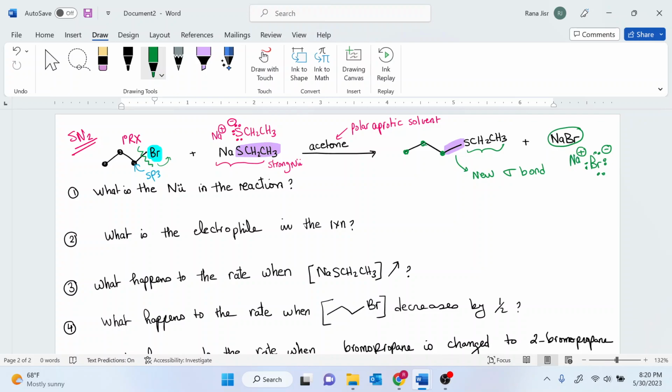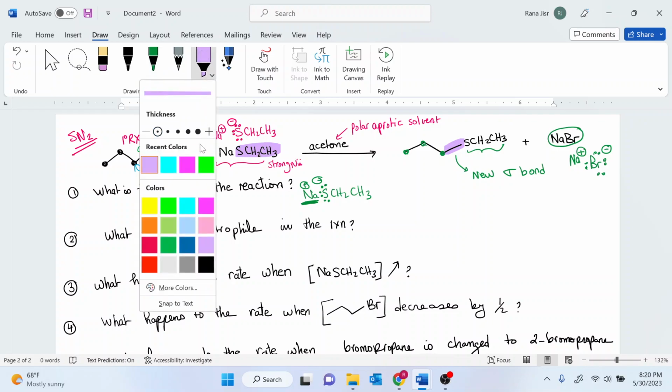So what is the nucleophile in the reaction? The nucleophile is NaSCH2CH3. Precisely, it is this guy over here. It's the sulfur with the negative charge. The sodium is not a nucleophile. The sodium is just a counter ion that is doing an ionic bond with the sulfur. The electrophile in the reaction is the sp3 hybrid carbon.